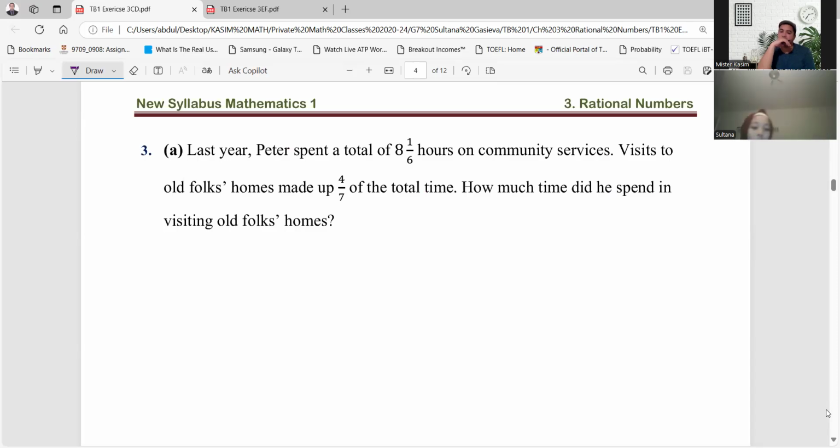How much time did he spend visiting old folks' homes? What's an old folks' home? Old age people. What do we call this? Old age people, right?